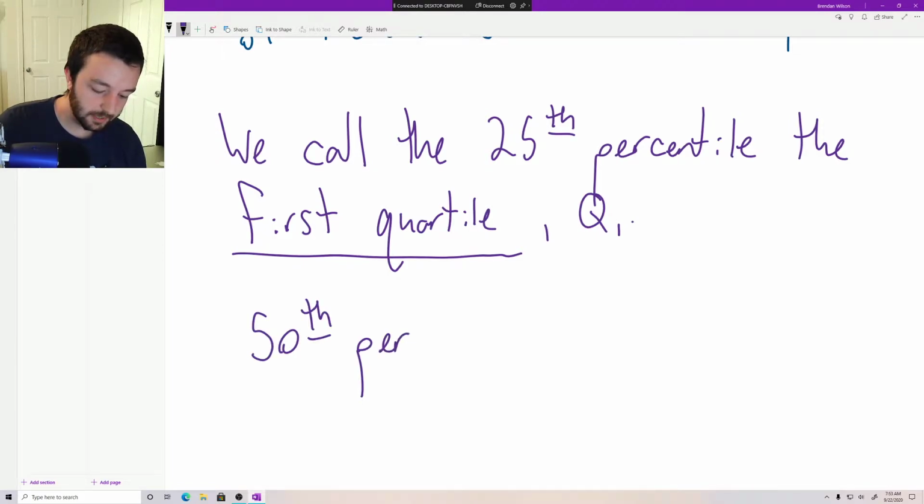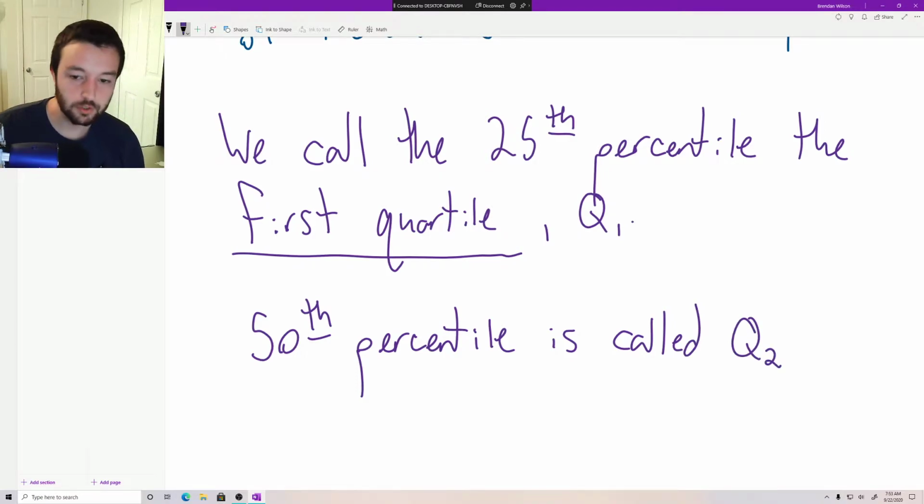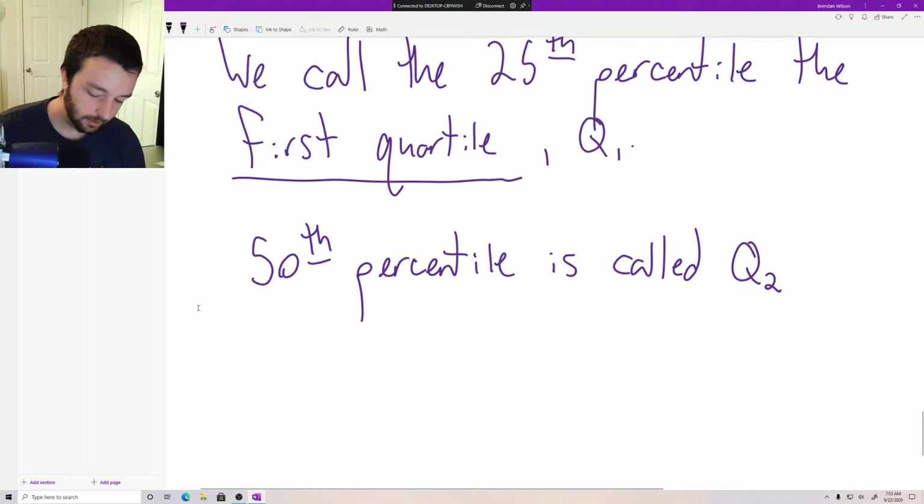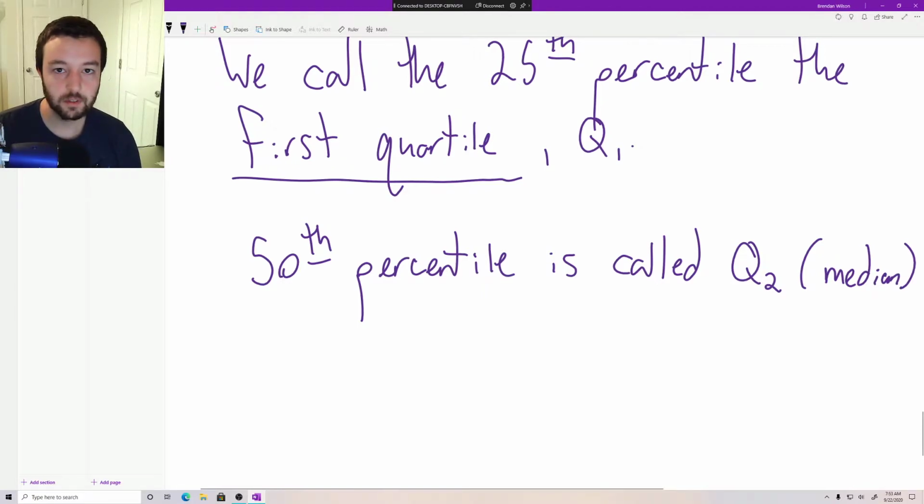The 50th percentile is called Q2, or the second quartile. Okay. Note that this is also the median, because this is the exact halfway point of our data, right? Which is the same definition we had for the median.